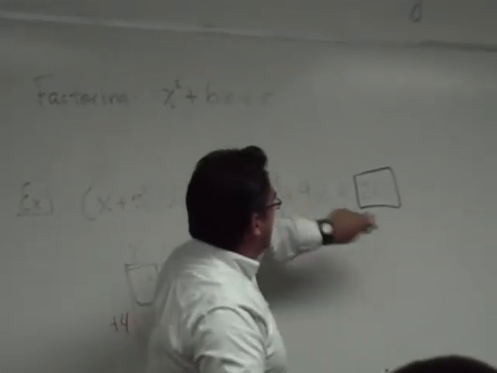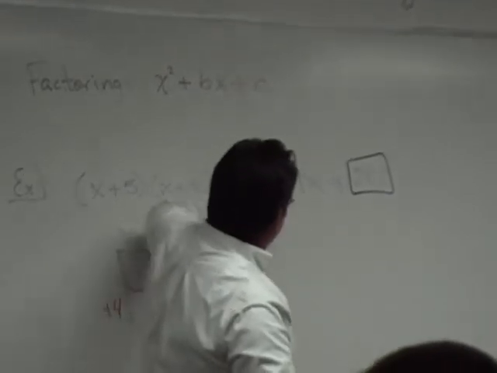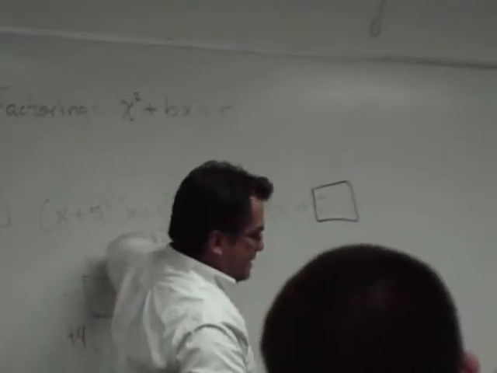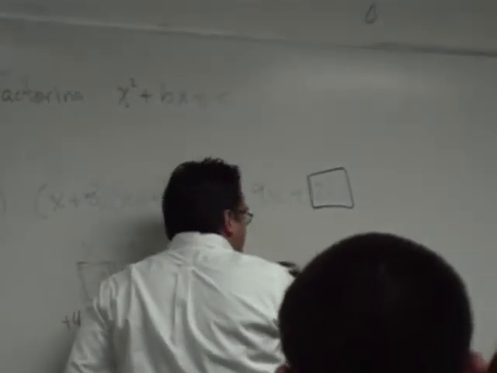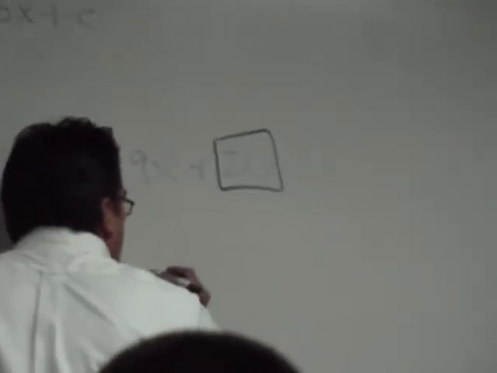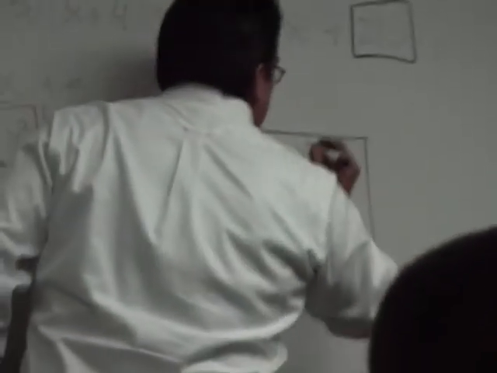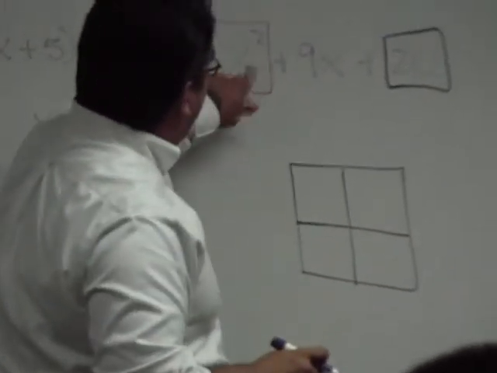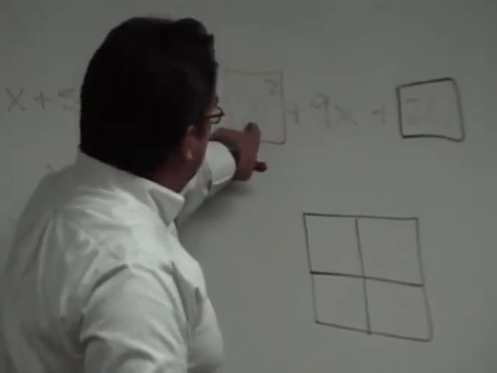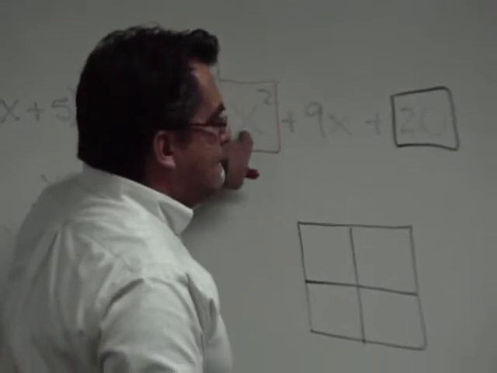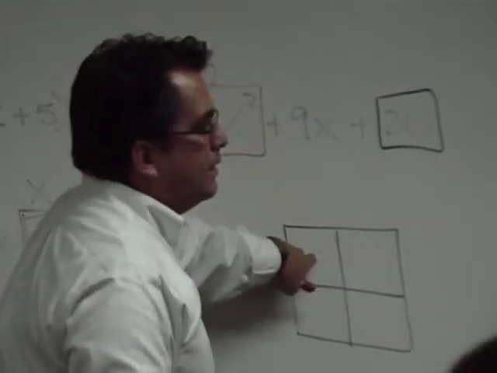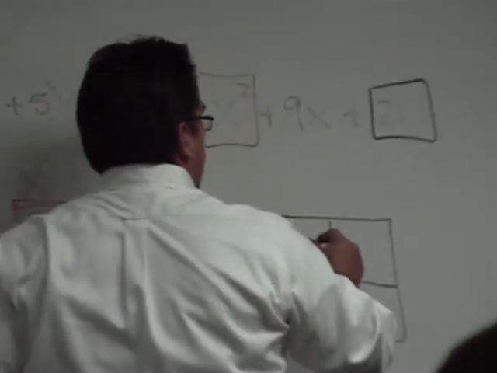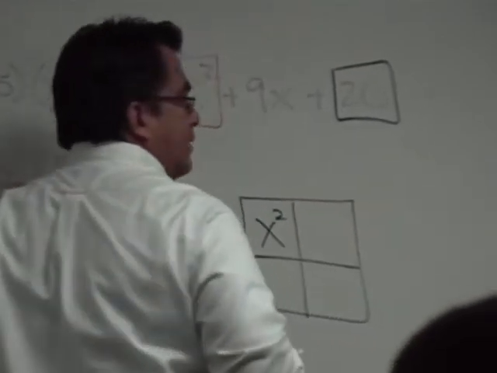When you have a trinomial like this one, now you want to write this down. When you want to factor it, this is the process you're going to go through. I'm going to need my first term right here, the x squared.